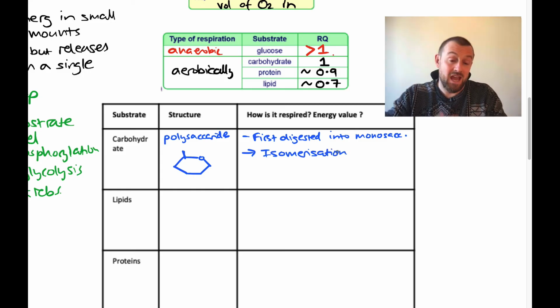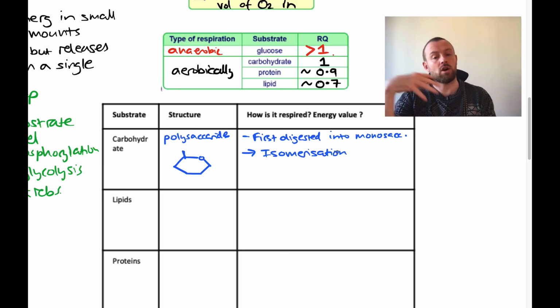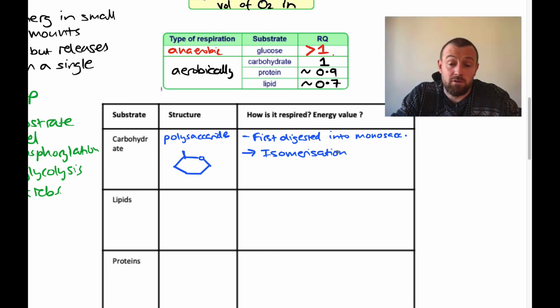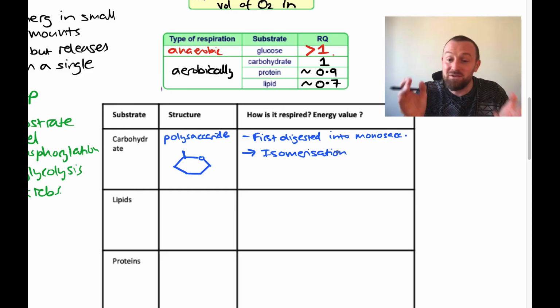But fructose, which is a hexose sugar, can be converted into glucose, and then we respire it in the normal way. Or you could even break down something like ribose or deoxyribose as pentose sugars, but you could isomerize them through complicated chemical maneuvers, and then you could respire them in the same way.